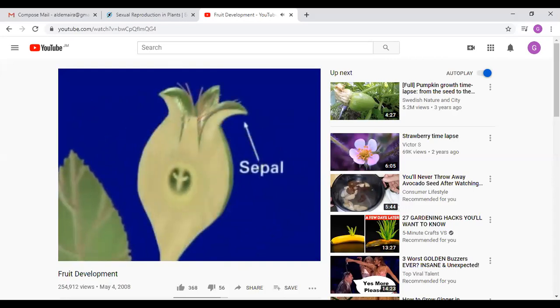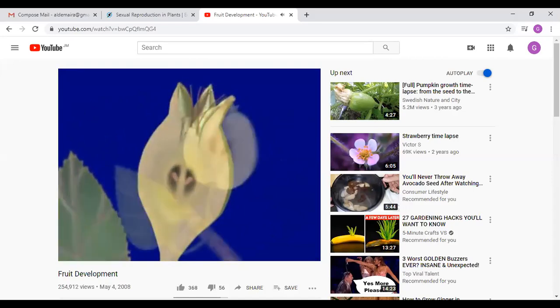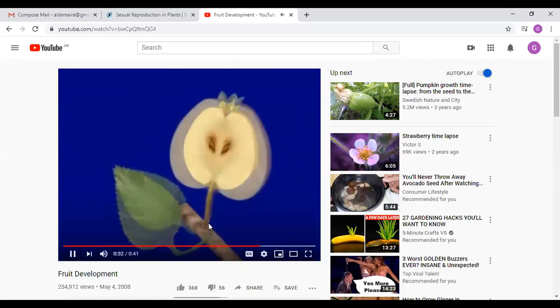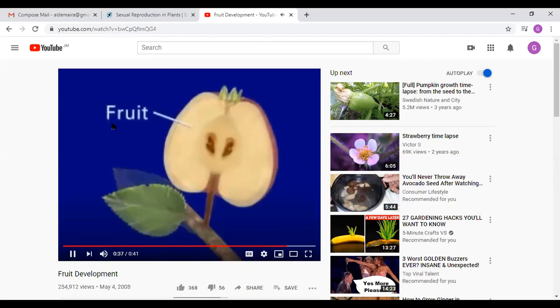The walls of the ovary in an apple harden, and the supporting stem becomes fleshy and grows up and around the ovary as the seeds develop inside each ovule. The remains of the sepals can be seen at the end of the fruit. The fruit is attached to the plant at the opposite or stem end of the fruit.